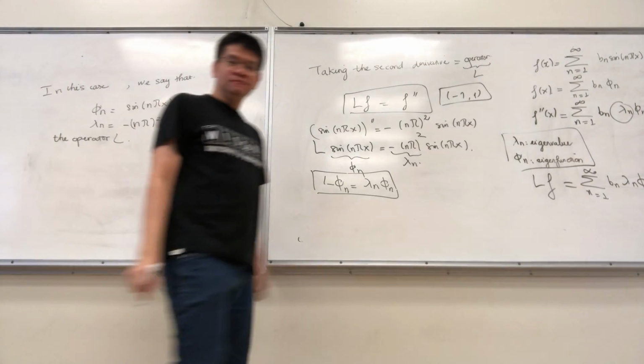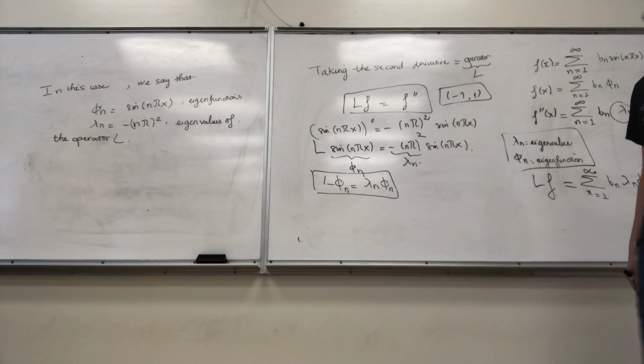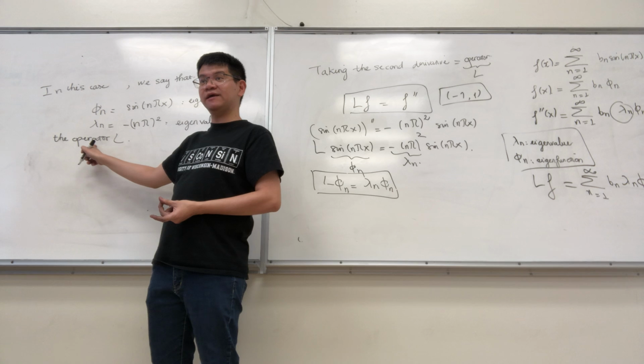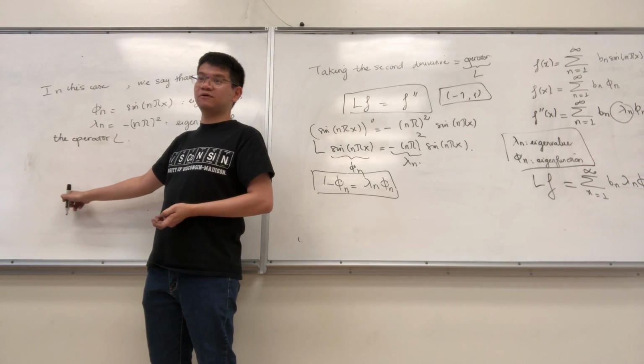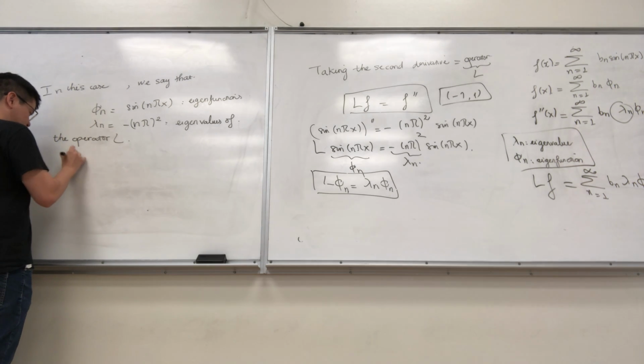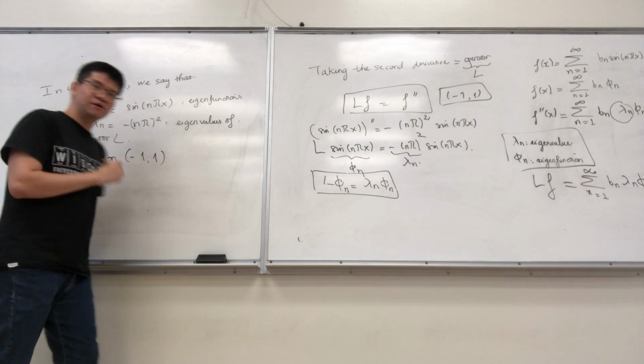In this case, we say that this is an eigenfunction, and this is an eigenvalue of the operator L, and we are on minus 1 to 1. All right.